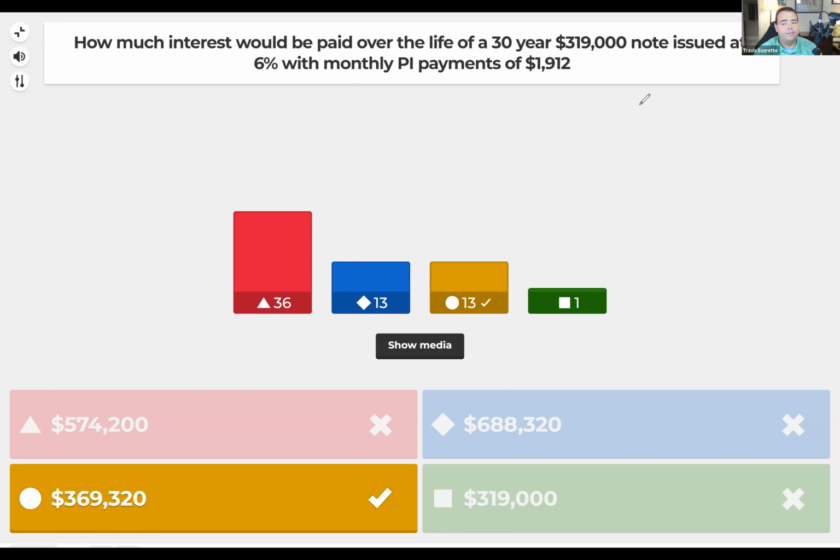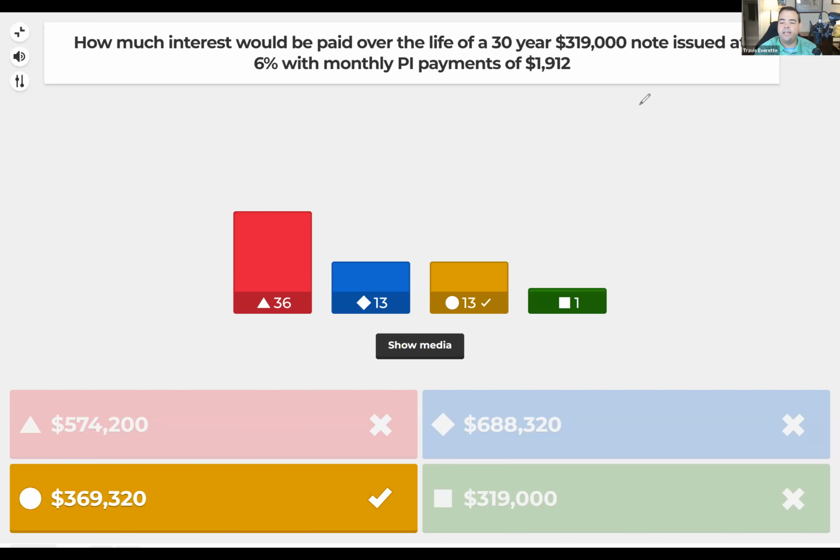PI is the way we express the monthly payment. What's the phrase we know that principal and interest payment by? Vocabulary. Budget? Debt service. The PI payment is the same thing as the debt service payment.